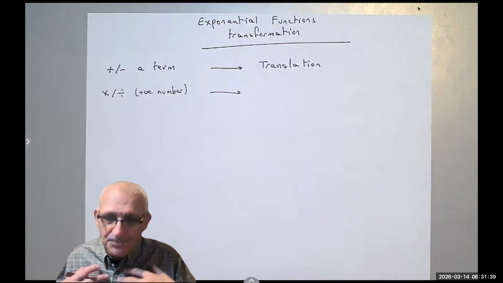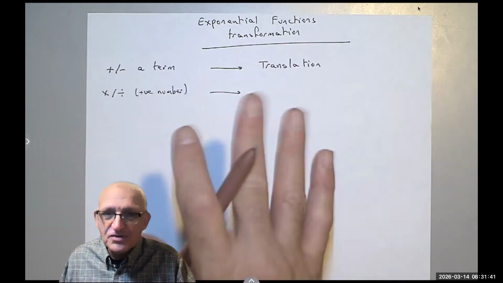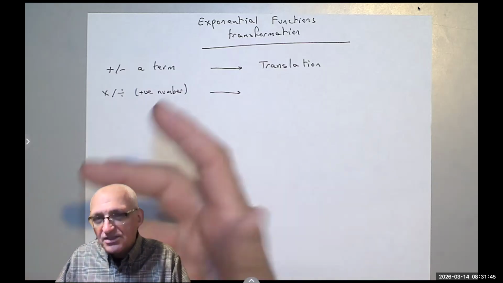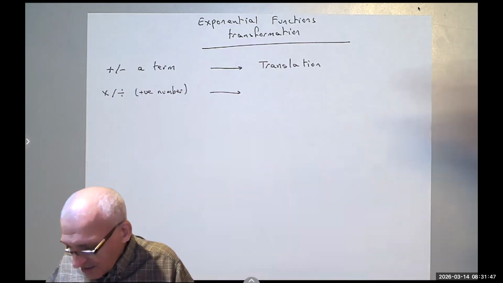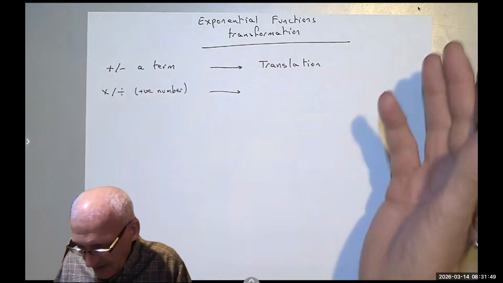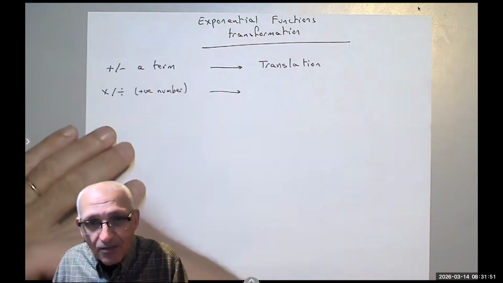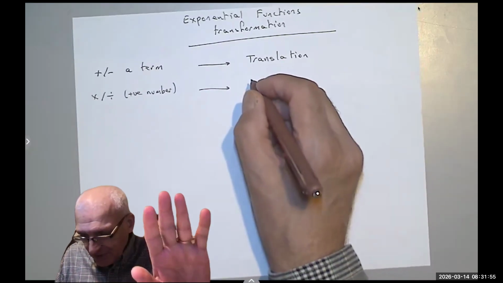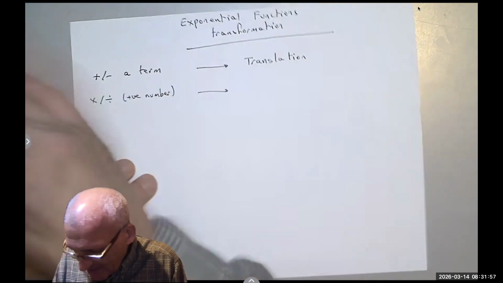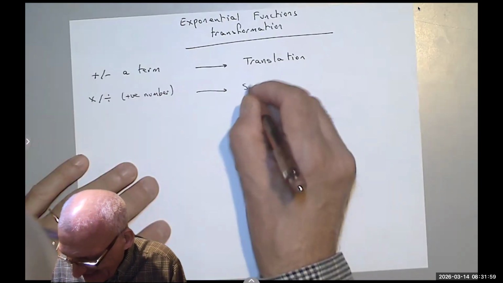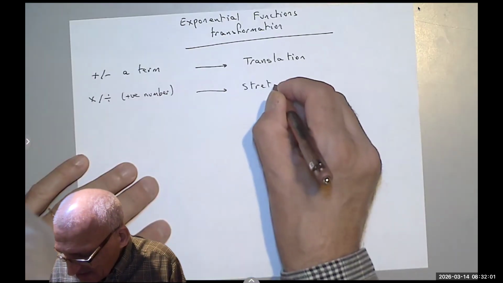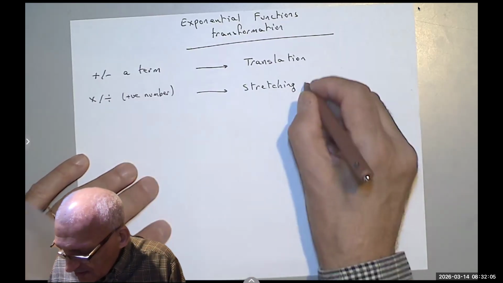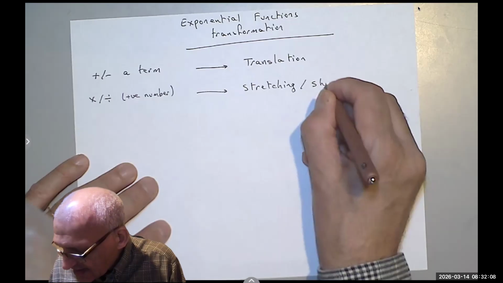Again, I personally prefer not to use the word dilation, that gives the impression that something is getting larger, while you can dilate with a factor less than 1. You can use dilation, but I don't like it. I'm going to say stretching if the factor is greater than 1, or shrinking if it's less than 1.